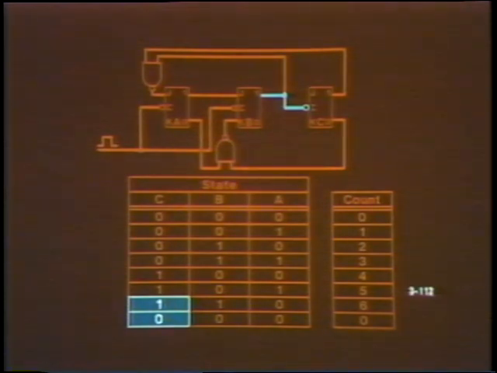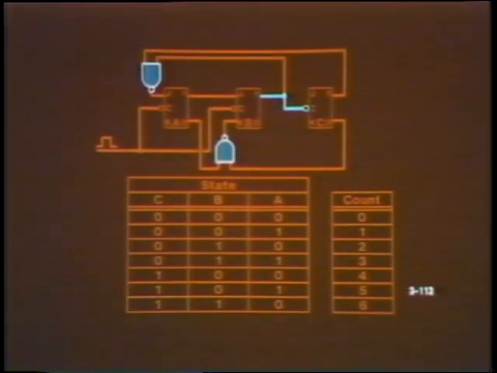In the workbook, you'll have the opportunity to analyze this counter and verify that it does function as we've indicated. Right now, just notice its two salient features. This counter is asynchronous, and it employs gates in its feedback lines.